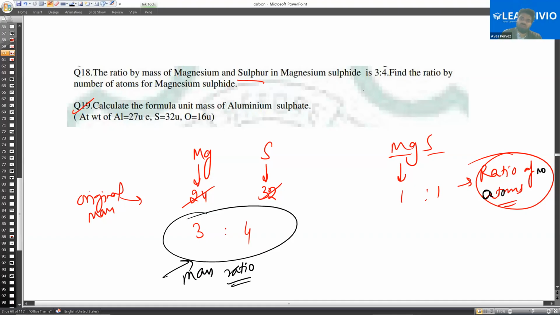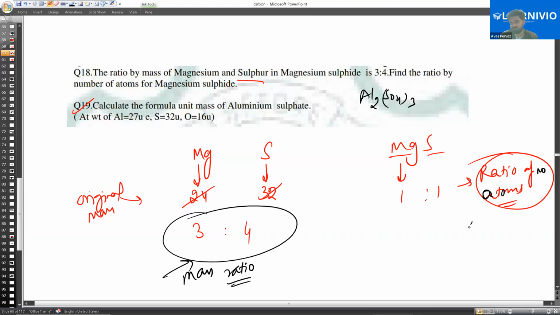Al2SO3. Al2(SO4) whole thrice. Okay. So how did you calculate? What mass did you calculate, Afreen? 342.